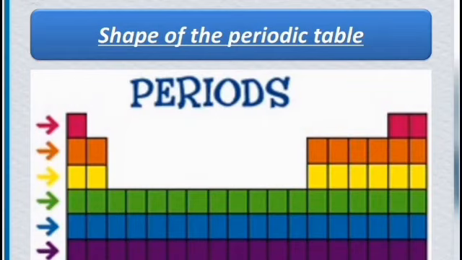Students, as you all know, a vertical column in the periodic table is called a group, and there are 8 groups in the periodic table, and the horizontal rows are called periods, and there are 7 periods in the periodic table.